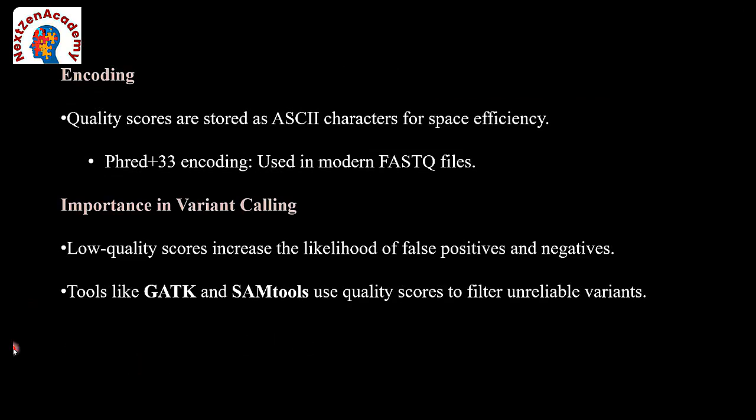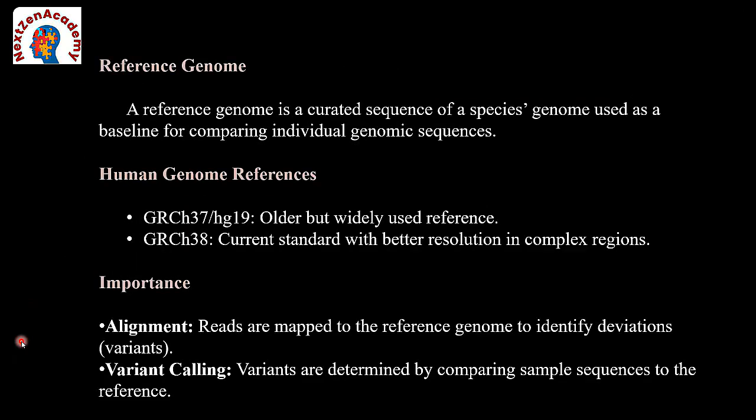The main importance in variant calling is this: a low quality score increases the likelihood of false positives or false negatives. That can be checked with tools like GATK and SAMtools, which use the quality scores to filter unreliable variants.